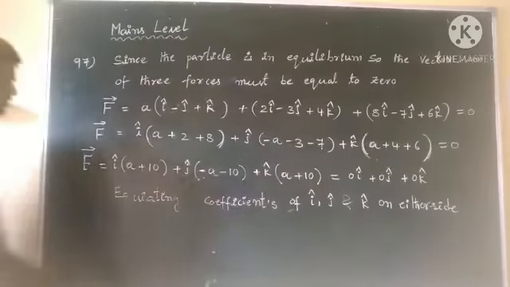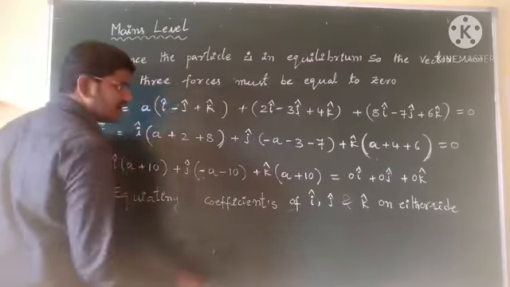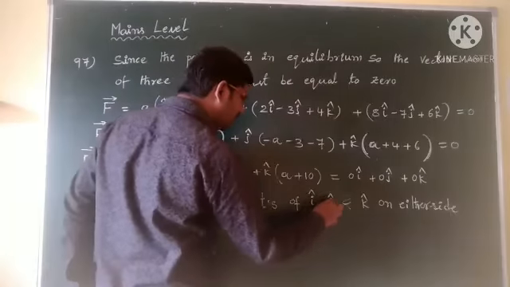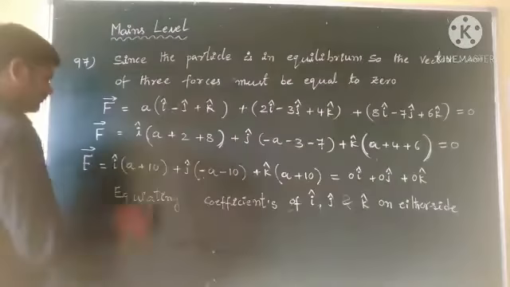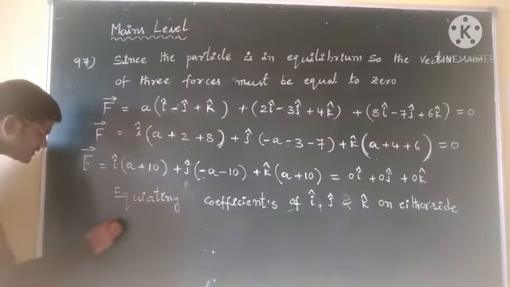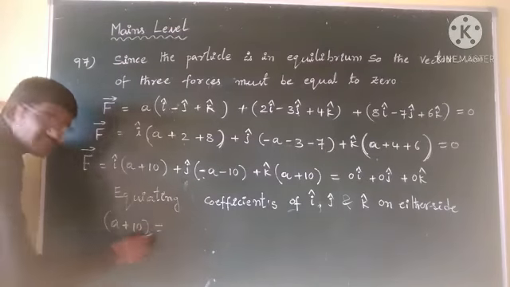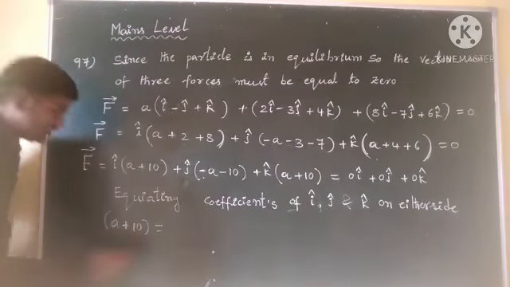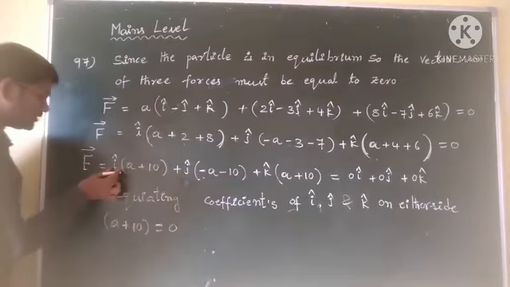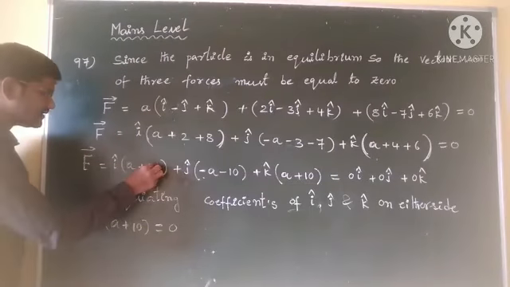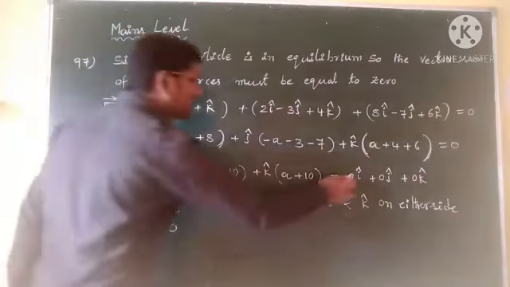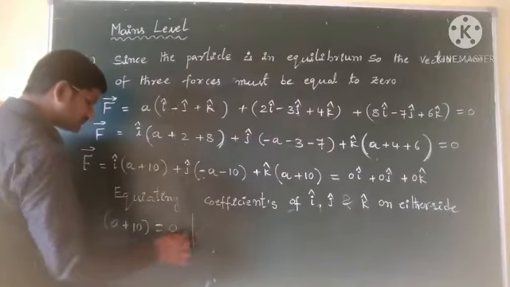So on either side, you equate the coefficients of i cap, j cap and k cap. Here the i cap coefficient is A plus 10, and here the i cap coefficient is 0. So A plus 10 is equal to 0.